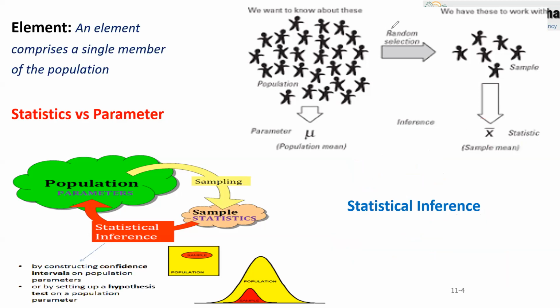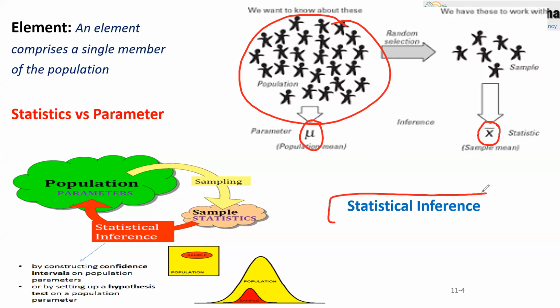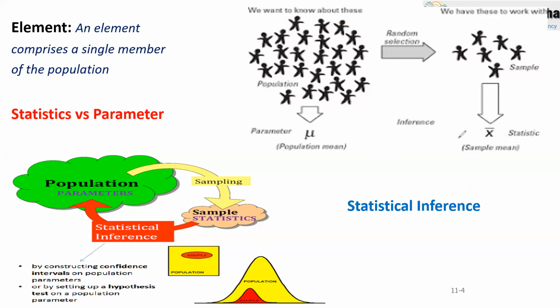In the population, mu is exactly the same, but the sample mean differs from sample to sample, so there is a chance of error. Because of this, there is a concept of margin of error in statistical inference. Okay, so let's move.